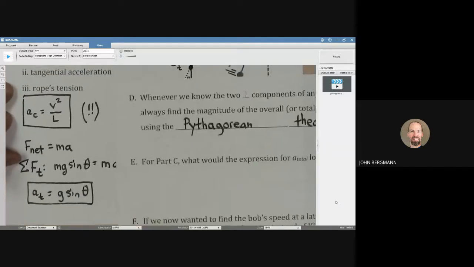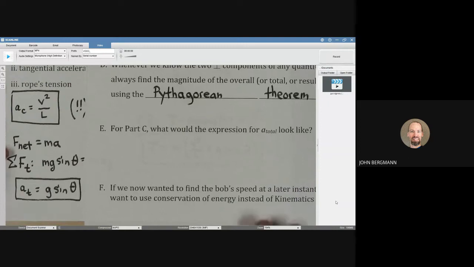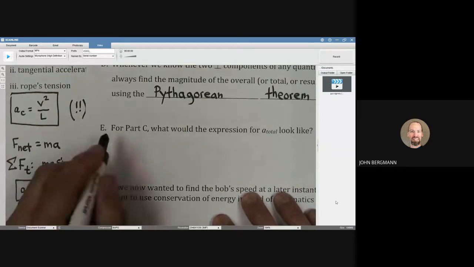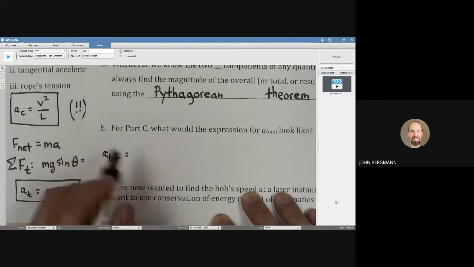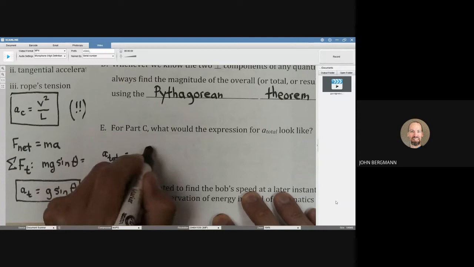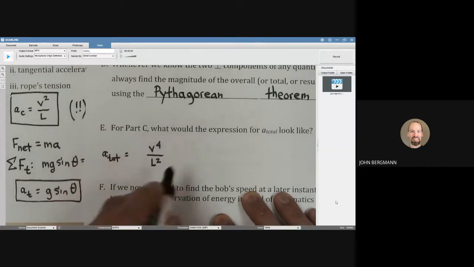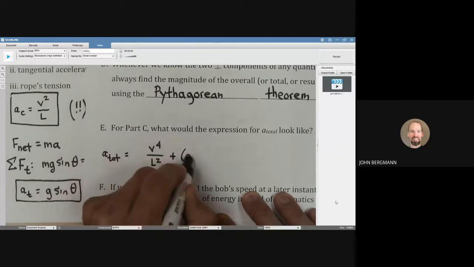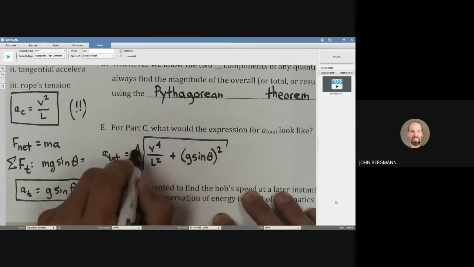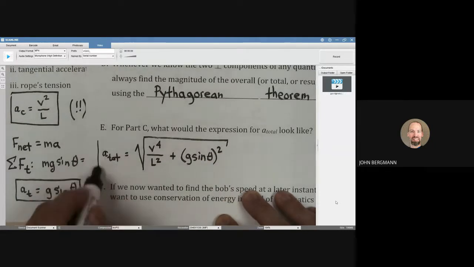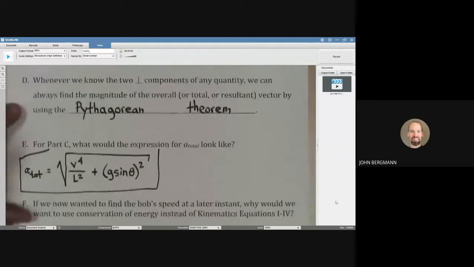So the expression for a total, and we're not going to simplify it, would be the centripetal acceleration squared, so that would be v to the fourth over L squared, plus g sine theta, whole thing squared, square rooted. That's what it would look like. If we know the components, we can use the Pythagorean theorem.